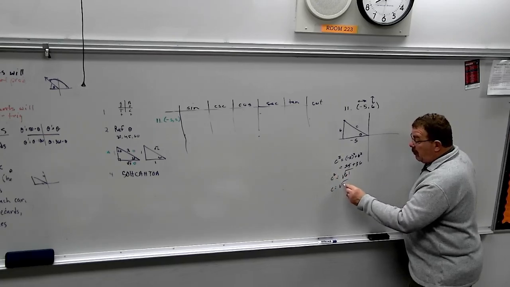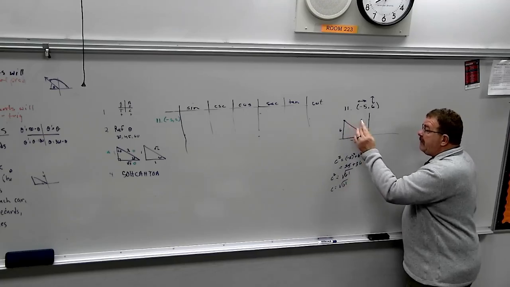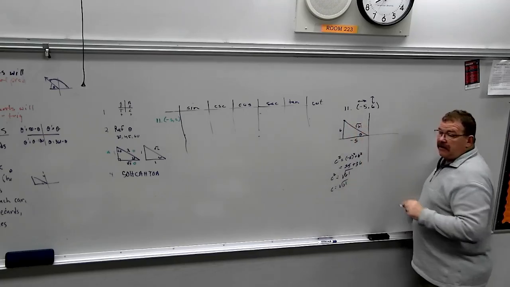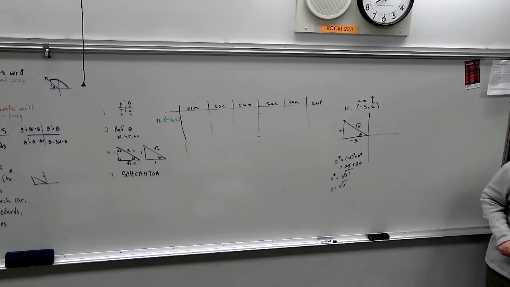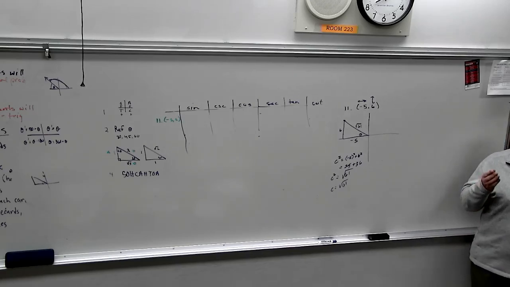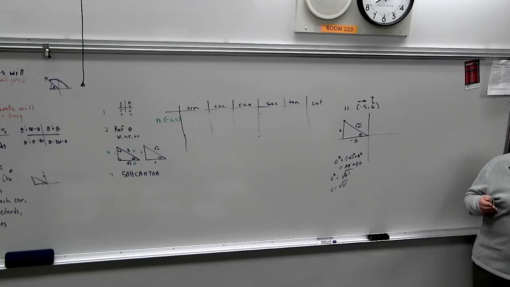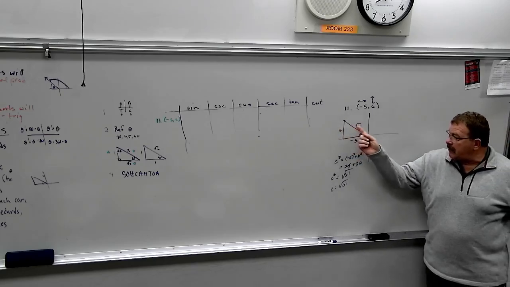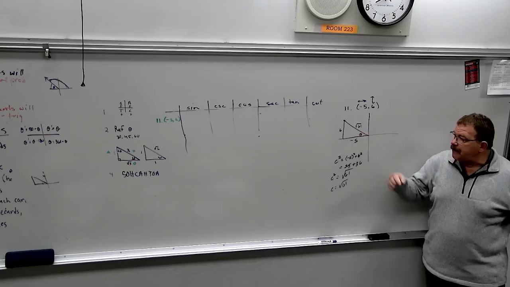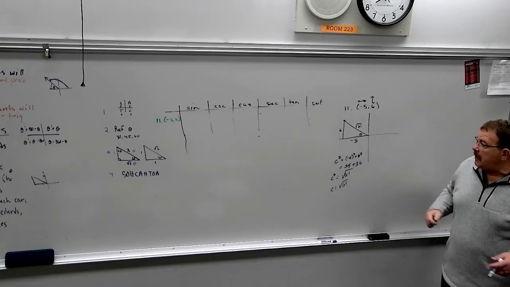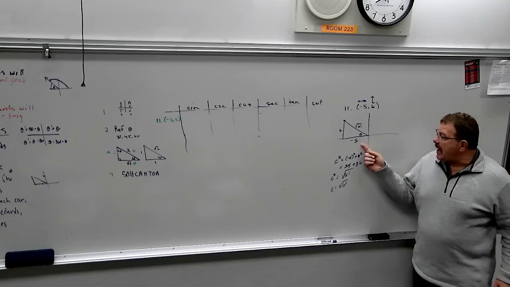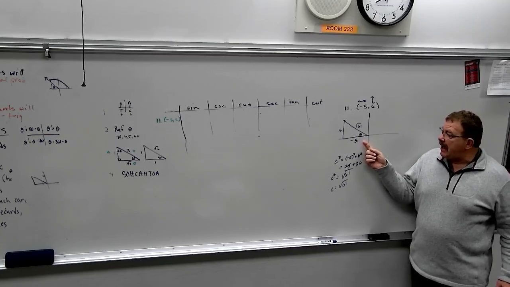Decimal. I don't want decimals, so we just leave it as root 61. There is no perfect square that goes into 61. It doesn't break down. This is what I was telling you about trig. Very seldom do your radicals break down, but we are going to have to do some rationalizing. Okay, so all I did is that squared plus that squared equals that, and then square root it. All right, we're ready to go to work. Here we go. What would sine be?